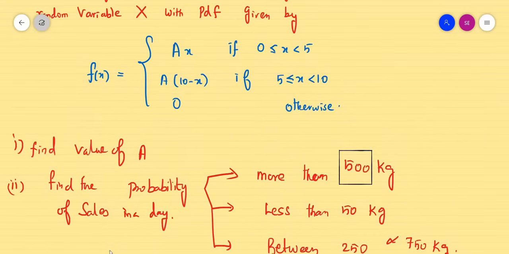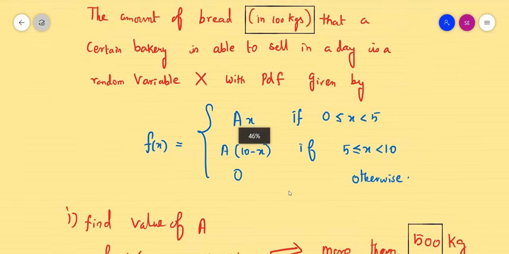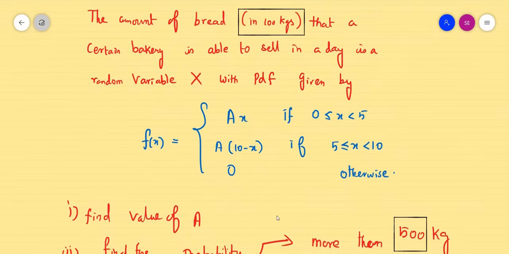Now how to find the value of A? That is the question here. How to find A, guys? What result do we have regarding probability?